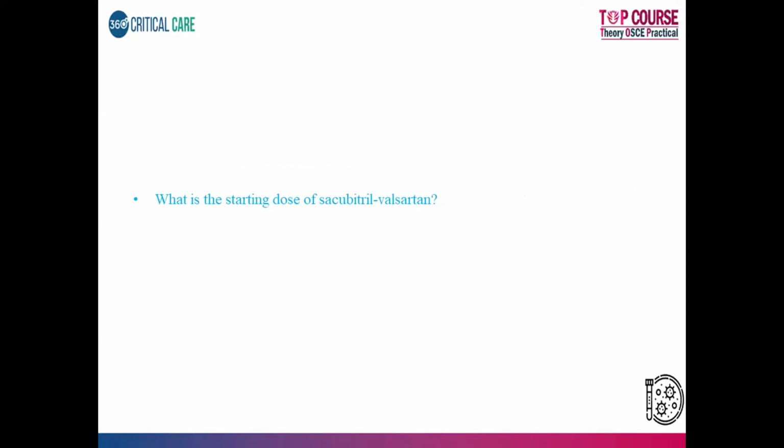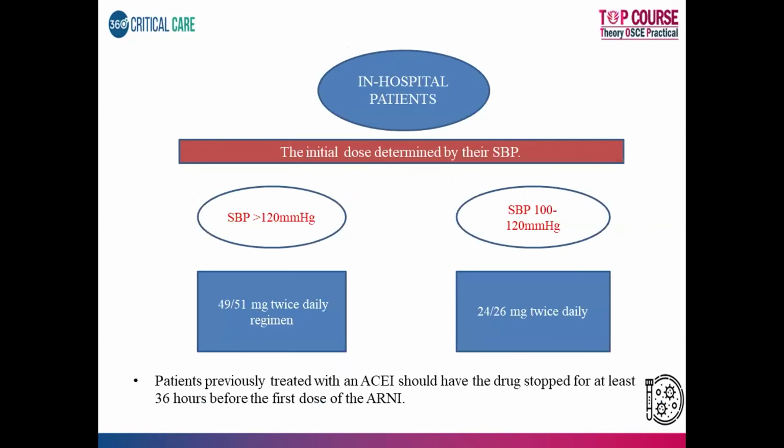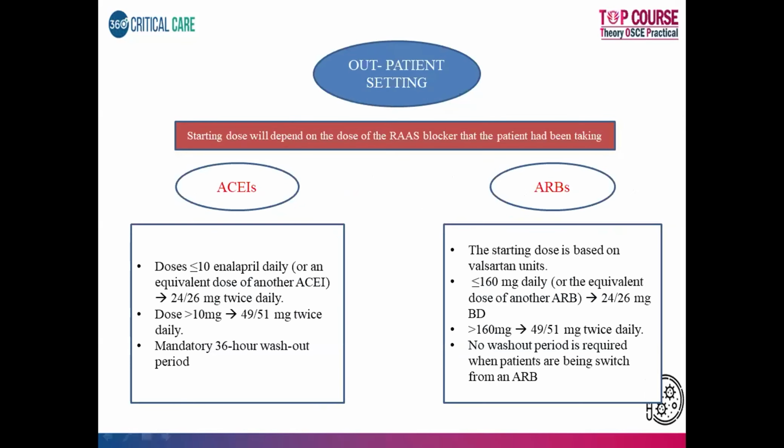Now important is what is the starting dose of sacubitril and valsartan. It depends on whether the patient has come to your OPD or whether the patient is in the hospital. This is for your information on how to start in an OPD basis patient. The starting dose will depend on the dose of RAS blockers which the patient has already been taking. Suppose the patient is on ACE inhibitors, then you have to see the dose.